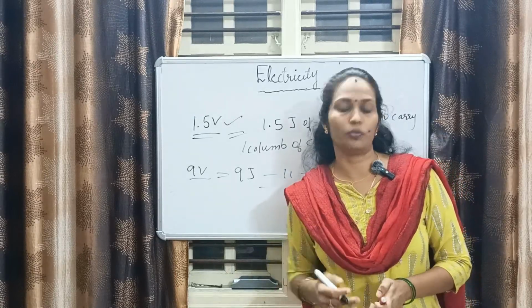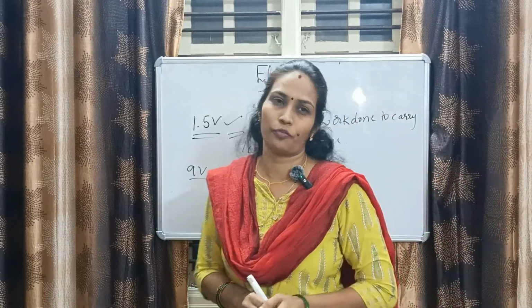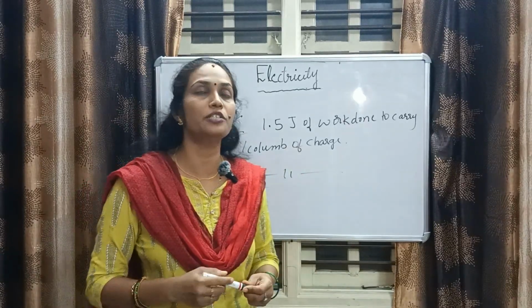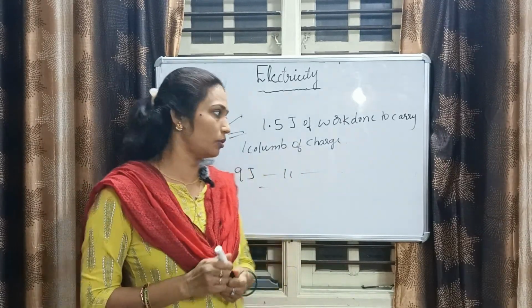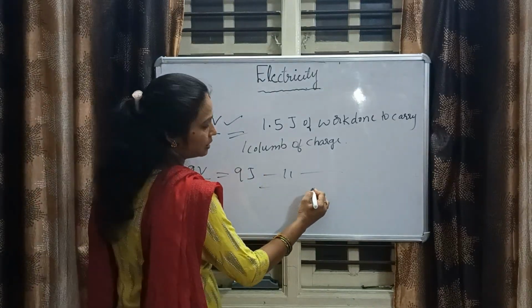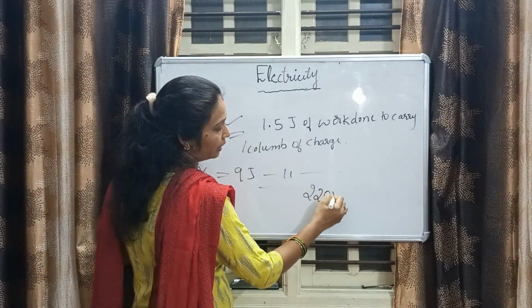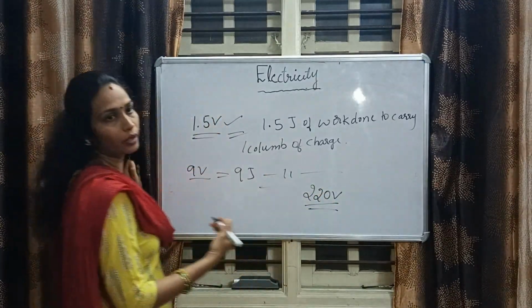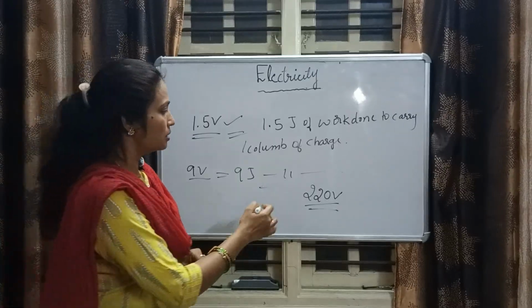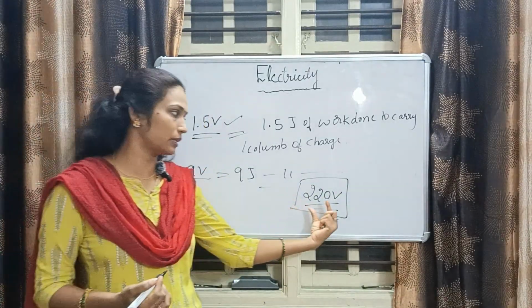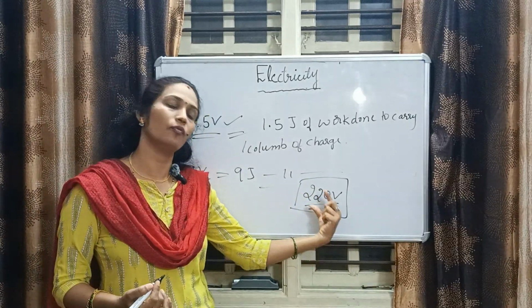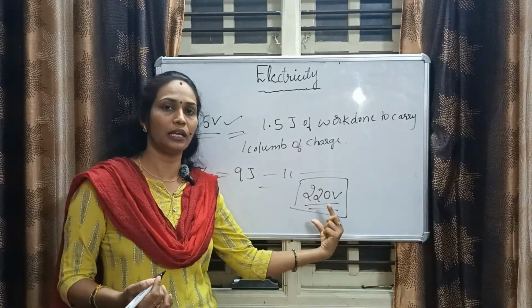And in our homes, this is not from the examination point of view, just for your knowledge. In our mains, in our power supply at home, it is about 220 volt, guys. Every home has a potential difference of 220 volt. The government restricts it, only this much voltage should be there in every house.